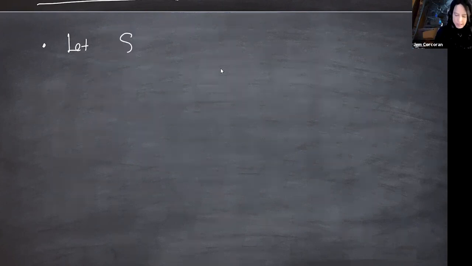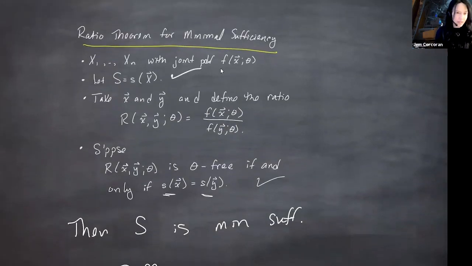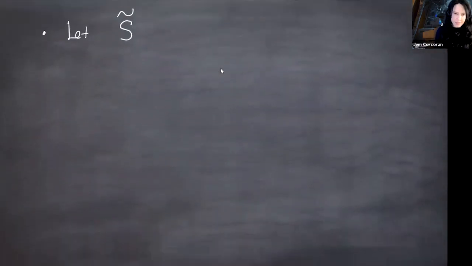I'm going to let S tilde. So this is a set, and it is connected to the statistic S, which is up here. But it's a set, not a statistic. So I called it S and put a tilde on it.